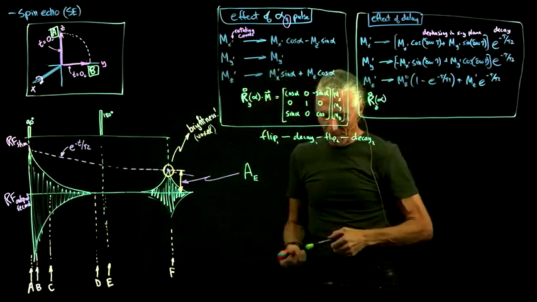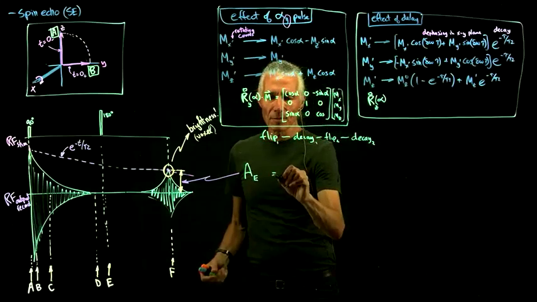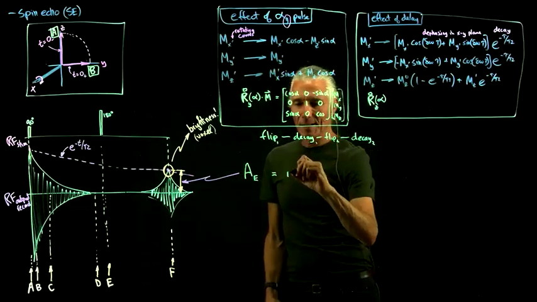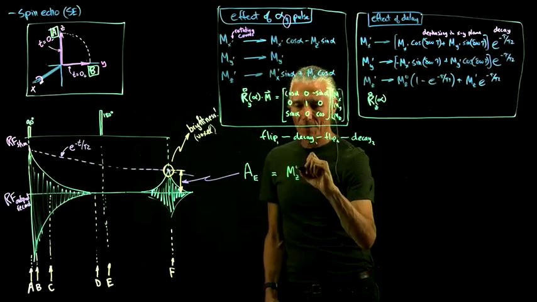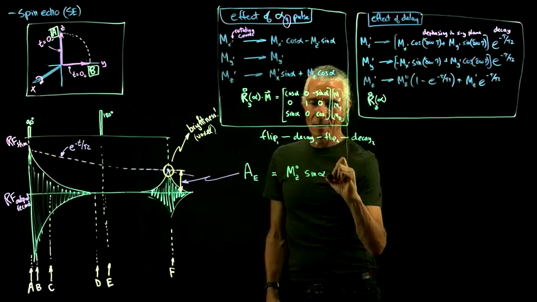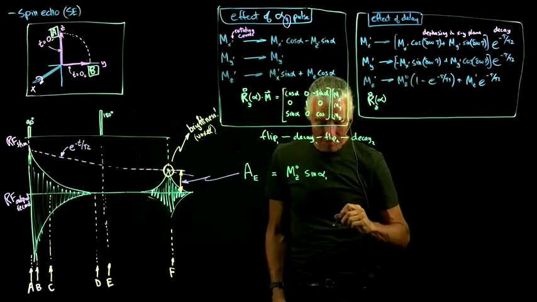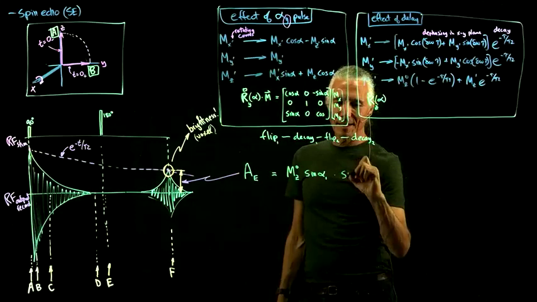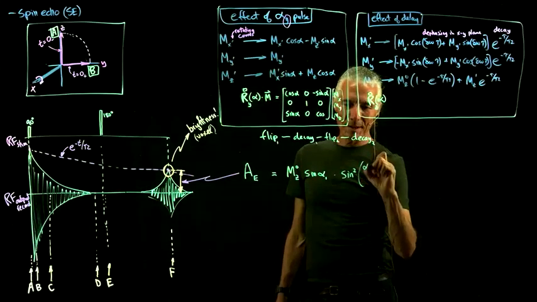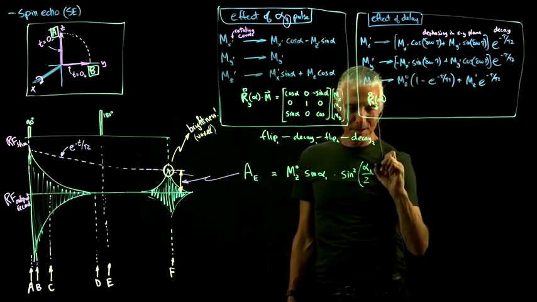So the amplitude of the echo is going to be equal to, after doing all those sines and cosines, mz0 times the sine of the first flip angle, times the sine squared of the second flip angle divided by 2. So you can see this one is not as useful. It's starting to get a little more complicated.